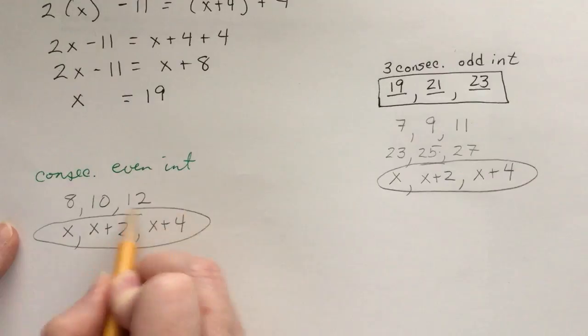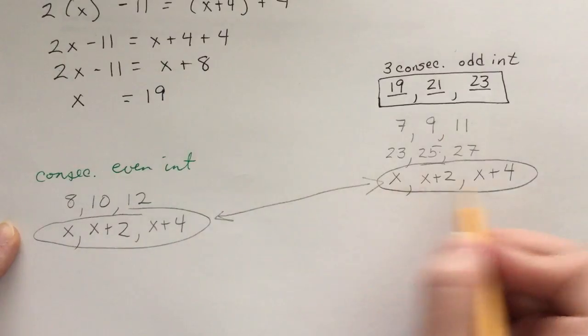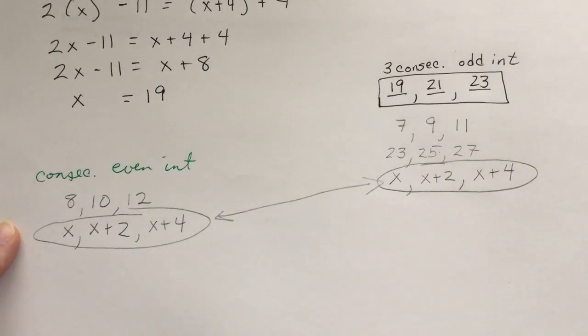So what's interesting is consecutive even and consecutive odd integers look exactly the same in variable form. We say that the even and the odd integers have the same parity. In each case, counting by 2, wherever you start, you're going to get the same type of integer back. If we start with an even integer and count by 2, we'll get all evens. If we start with an odd integer and count by 2, we'll get all odds.